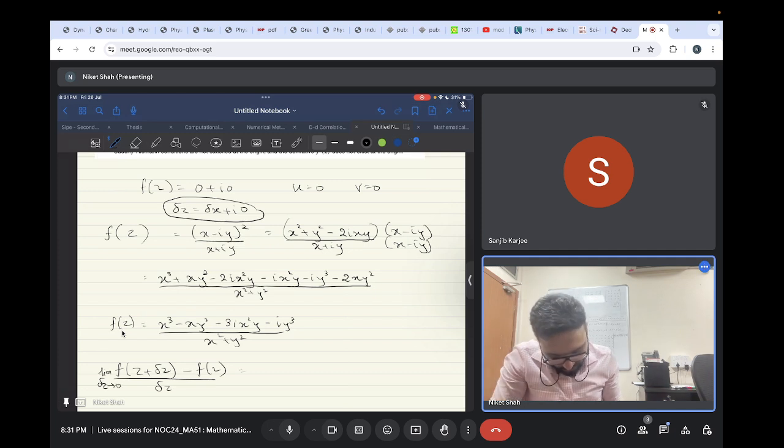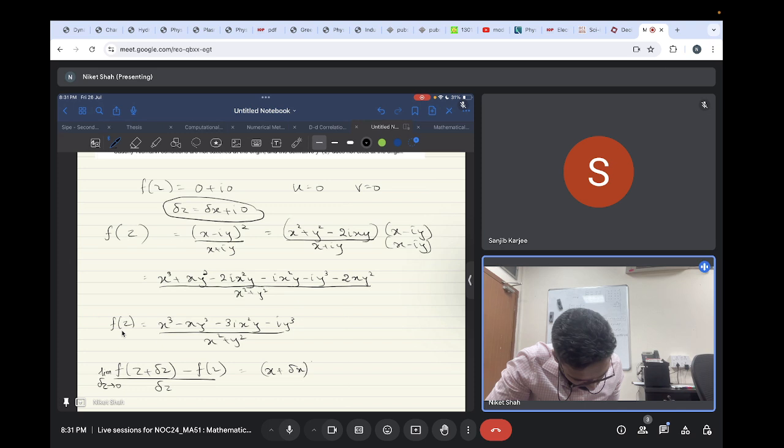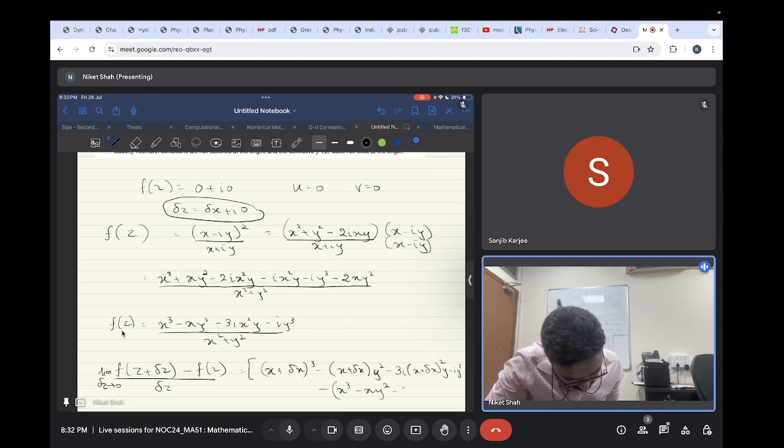So what this becomes is x plus del x the whole cube minus x plus del x into y square minus 3i x plus del x whole square y minus iy cube, minus of x cube minus xy square minus 3ix square y minus iy cube.